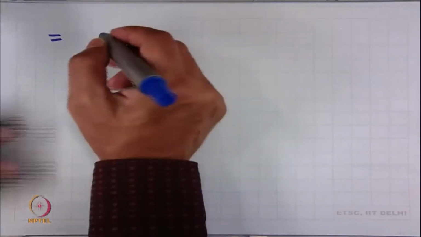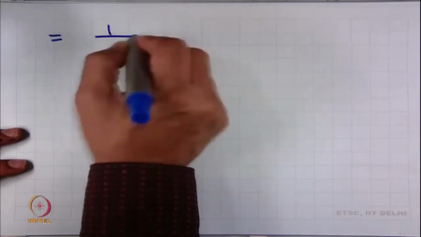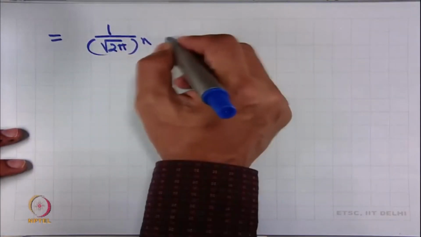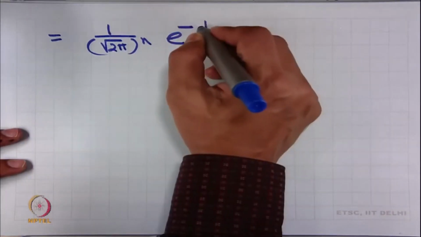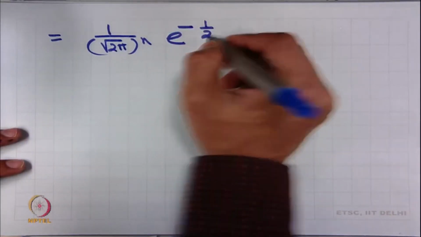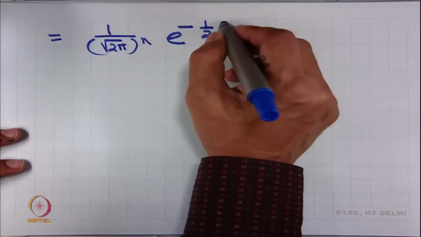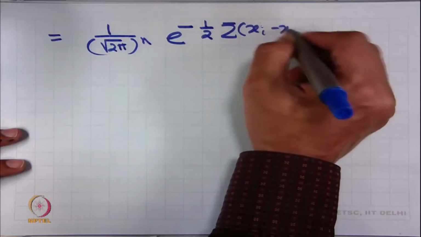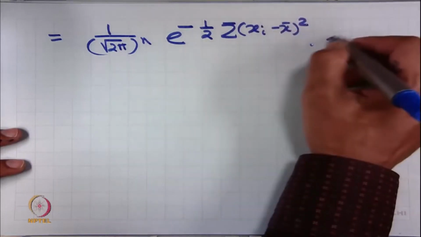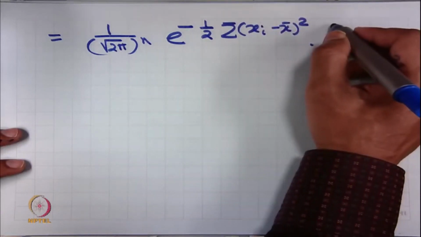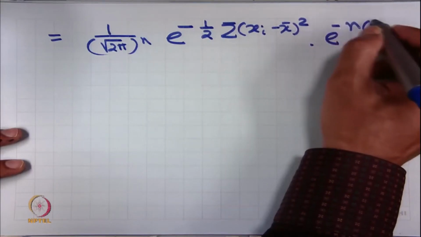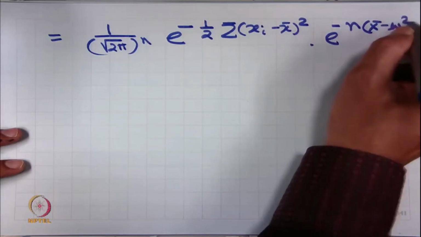This is equal to 1 over root over 2 pi whole to the power n, e to the power minus half into sigma xi minus x bar whole square, into e to the power minus n into x bar minus mu whole square.